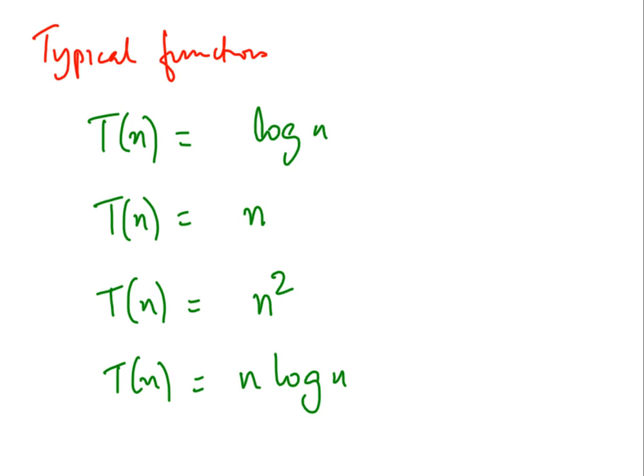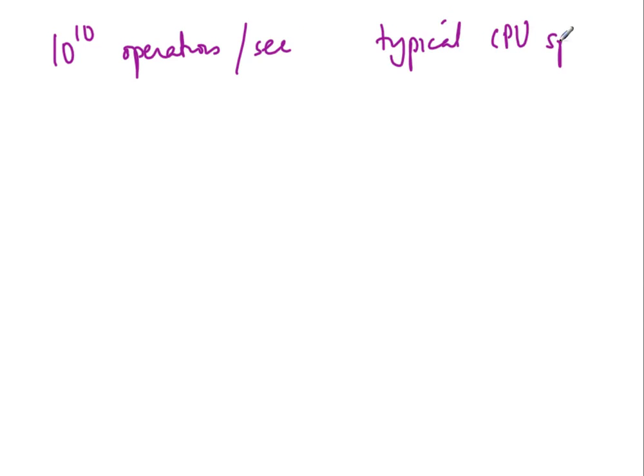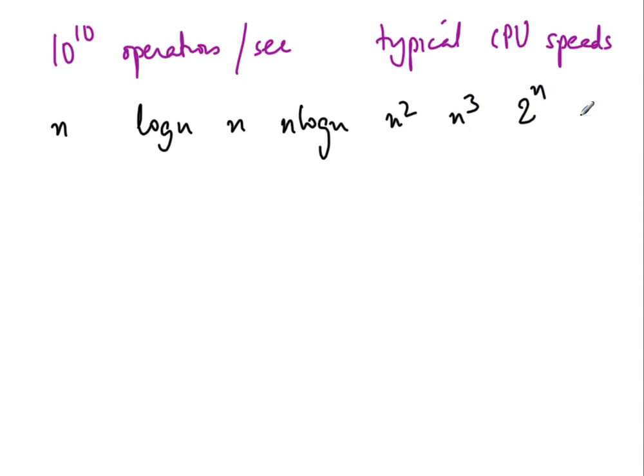Now remember that we said last time that we can do approximately 10 to the 10 operations per second. This is our running assumption about typical CPU speeds. So now one can draw a chart. One can take all these functions, for example functions like log n, n log n, n squared, n cubed, 2 to the n, and even n factorial.